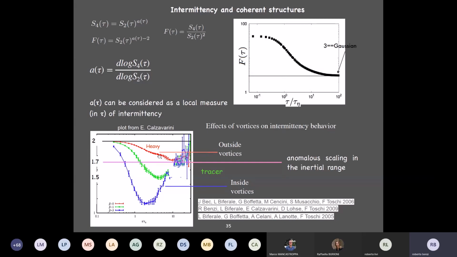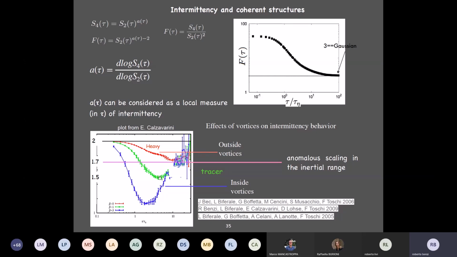So in other words, this figure suggests something that in some sense we already know, but it's even stronger than what we know. That is to say, vortices are the ones that dominate the viscous fluctuations in these regions, the intermittency, the anomalous part of the viscous fluctuations.